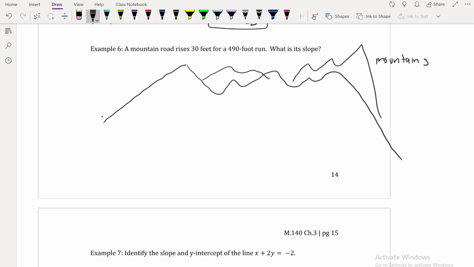Well, here what we would have is this rises. So rises means up and down. So that means going up, I have 30 feet. Now it specifically says the run. So if I have a run, then I'm going to have 490 run.